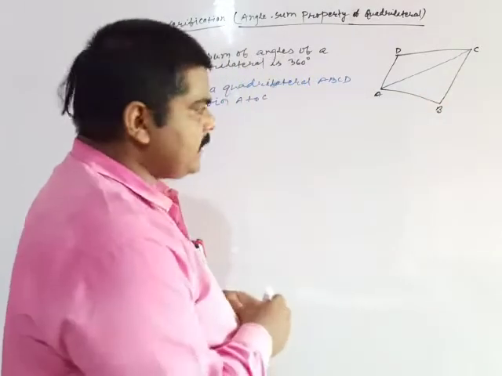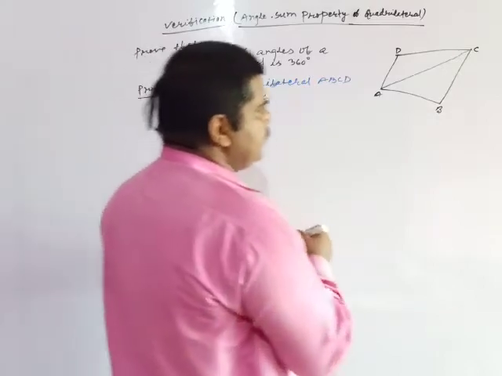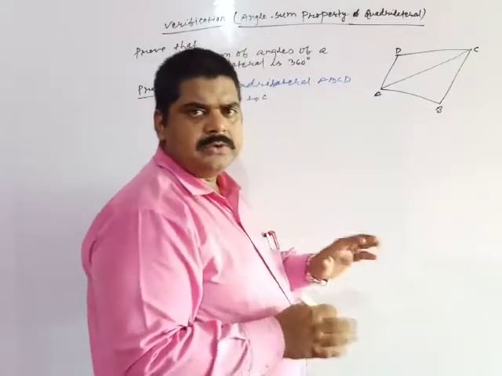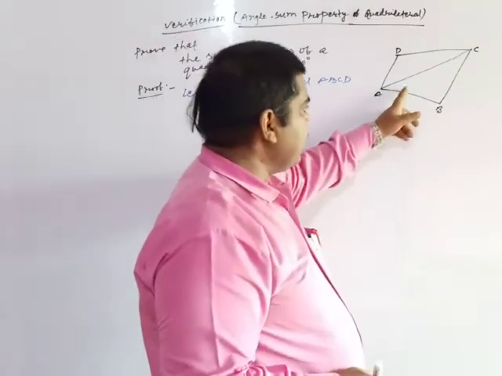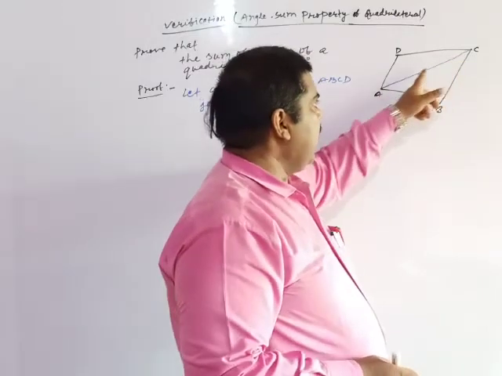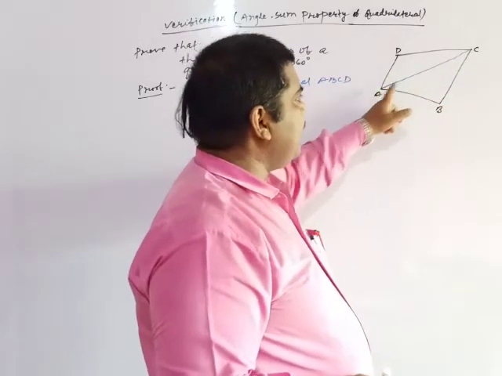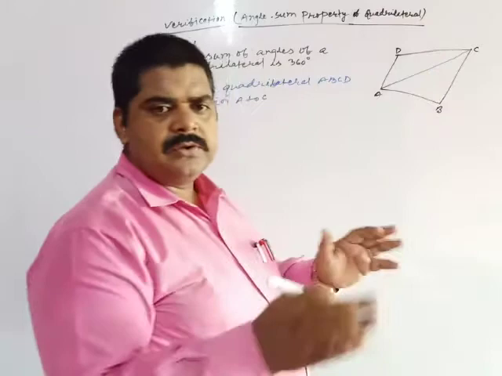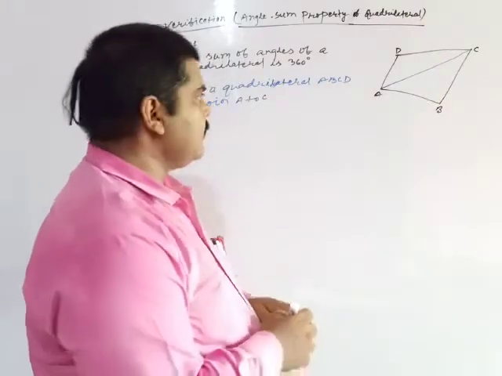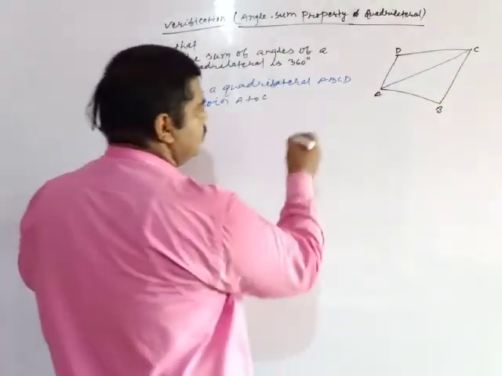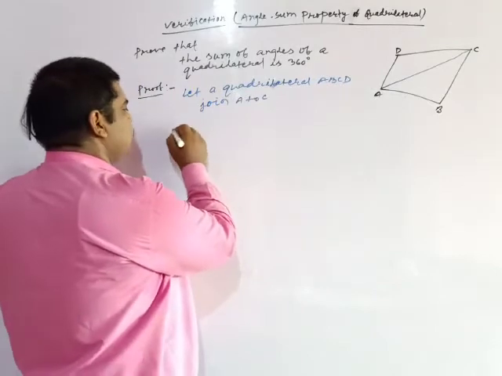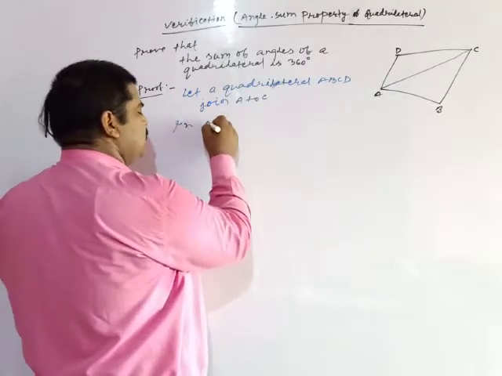After that, it is divided into 2 different triangles. One triangle is ABC and another triangle is ACD.